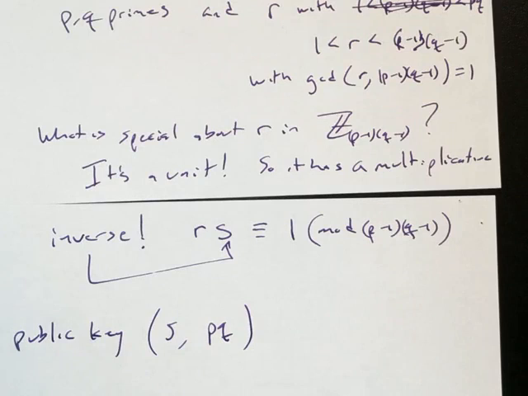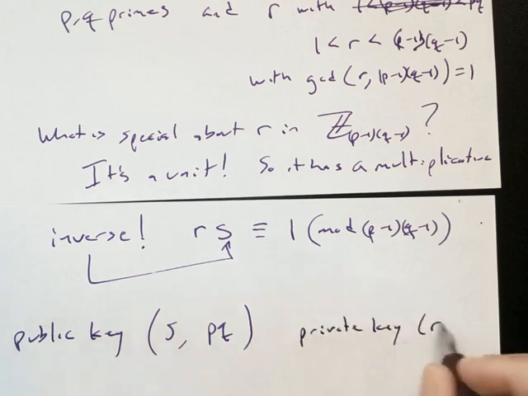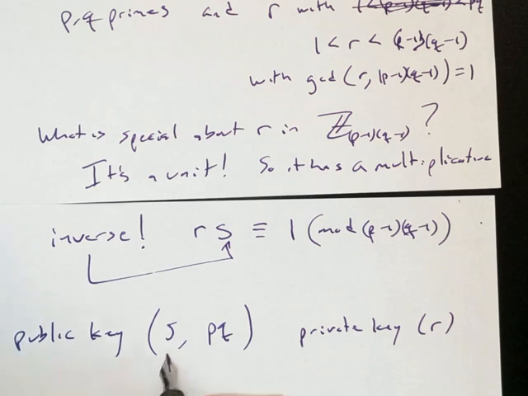And then in your back pocket, keep private r. Keep that one hidden. s is the encryption key. And r is the decryption key.